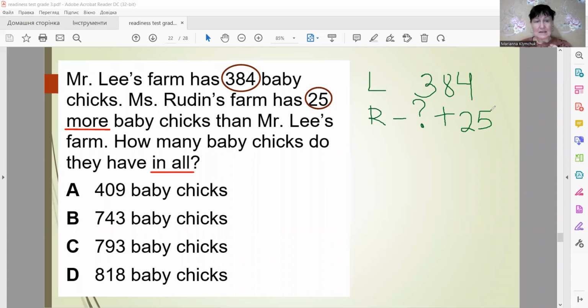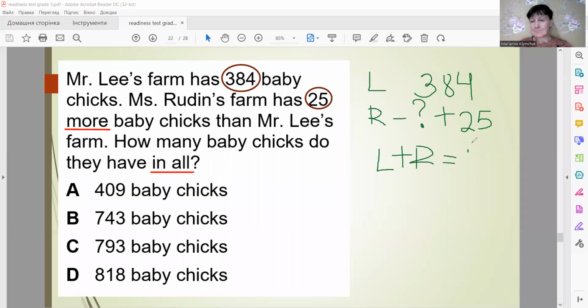But the question is, how many baby chicks do they both, Lee and Rudin, have in all? That means that we need to do Lee plus Rudin. We need to put their baby chicks together.